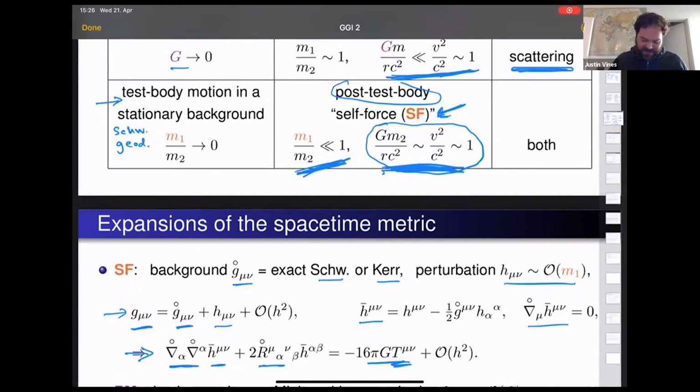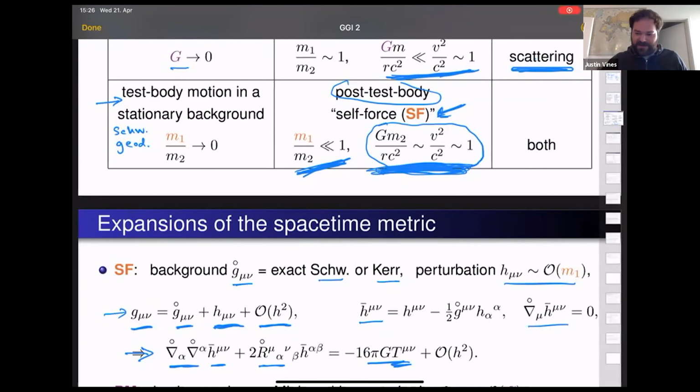But I think it's safe to say that they're still working on even first order in this approximation scheme, and just starting to breach what happens at second order. But again, this is a very important scheme because it allows you access to this strong field and arbitrary speed information.